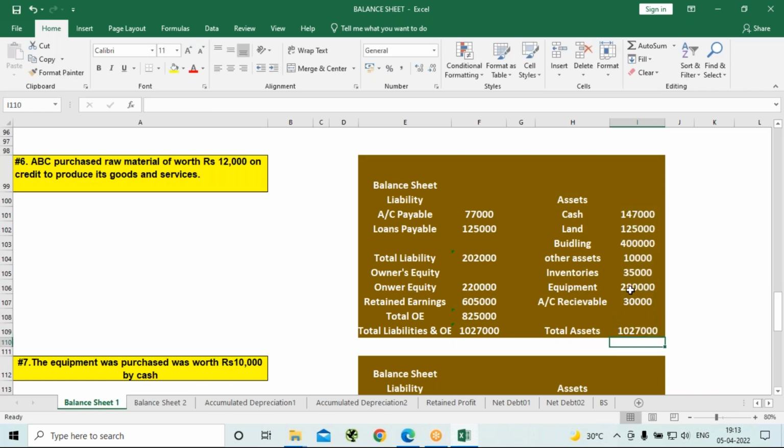So where is it going to be affected with this 12,000 rupees?